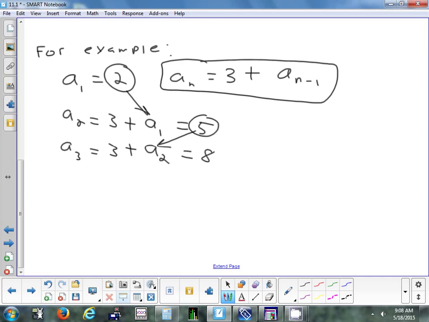Okay, here's another example, a little more complicated. And this isn't even really that complicated. But this is basically saying to get the term you want, you go back to 2 terms before it. You take that term and you triple it. And then you go to the term just before it, you double it, and you add them together.